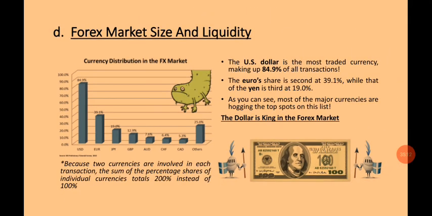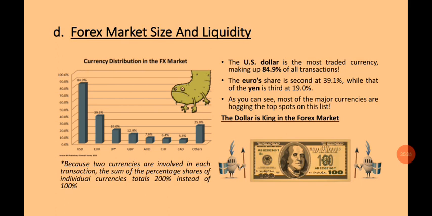Because two currencies are involved in each transaction, the sum of the percentage shares of the individual currencies totals 200% instead of 100%. The US dollar is the most traded currency, making up 84.9% of all transactions.